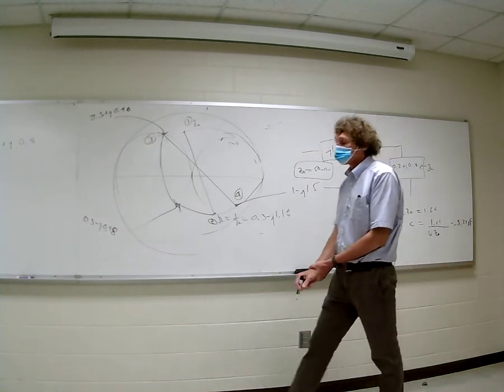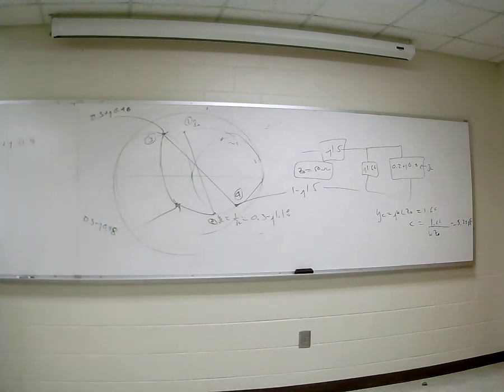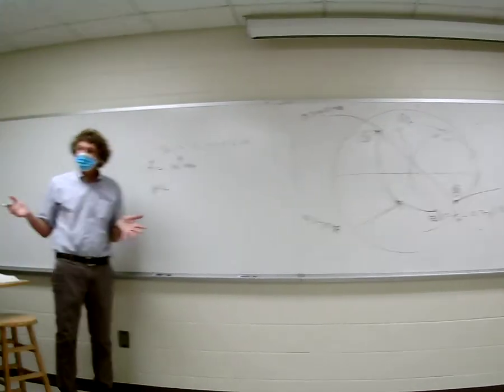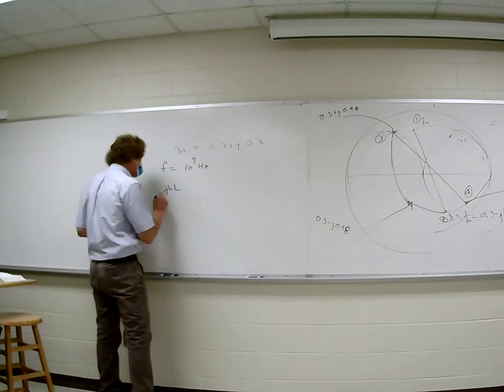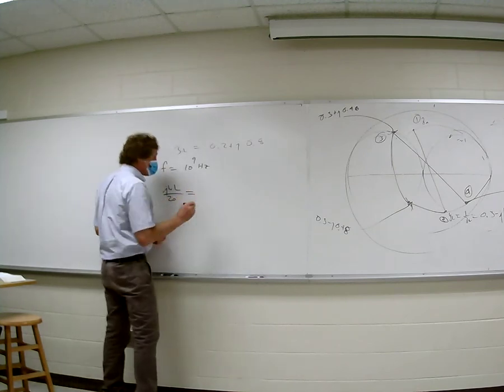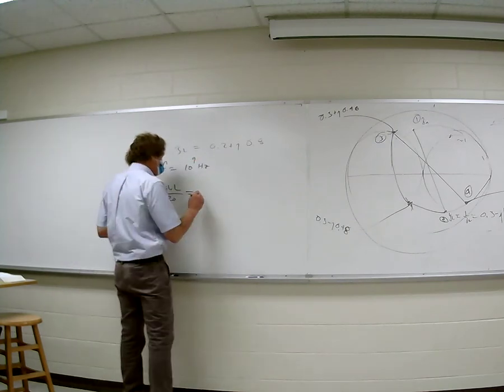Well, let's go through the math first. What's the formula? The impedance of an inductor is j omega L, right? And what do we do next? Normalize it, divide by Z naught, right? And then we set it equal to j1.5.